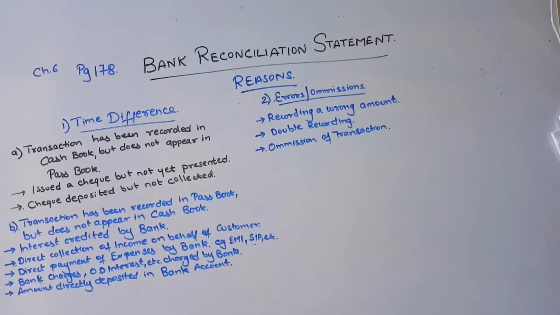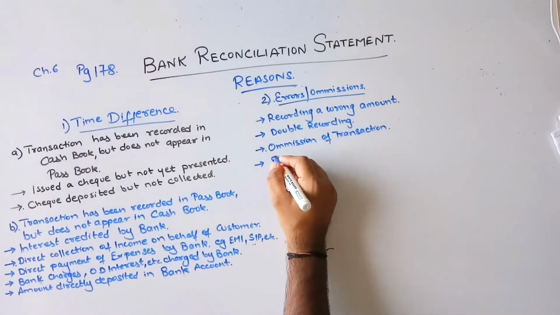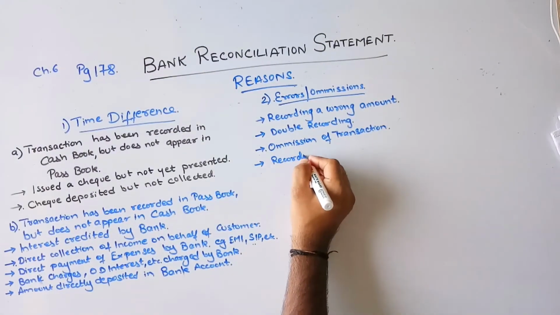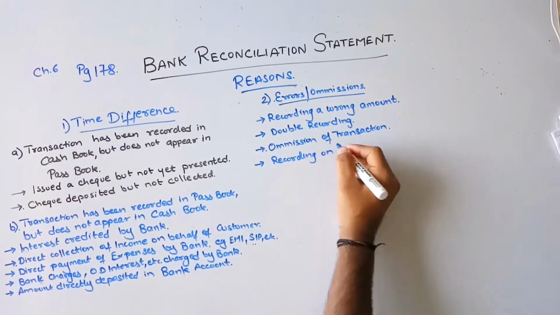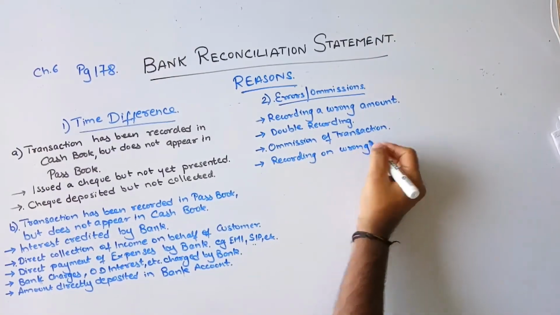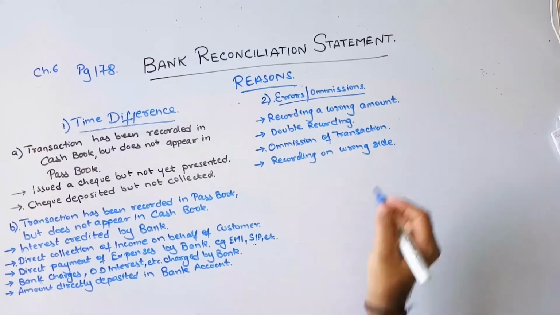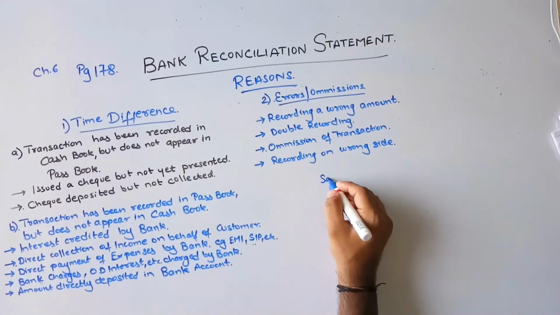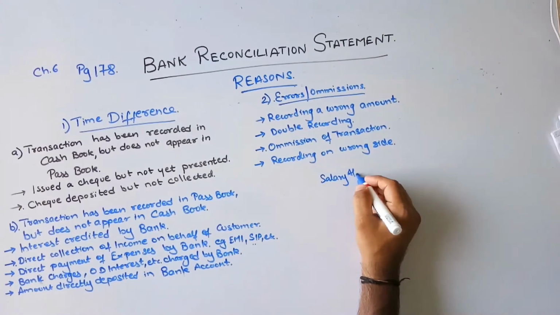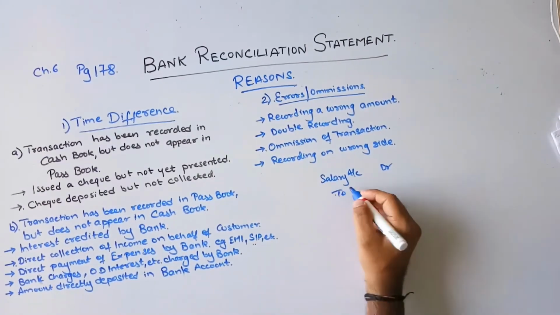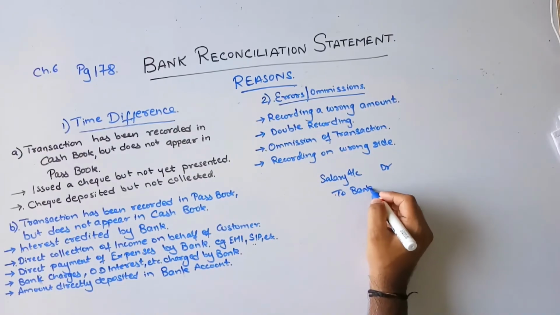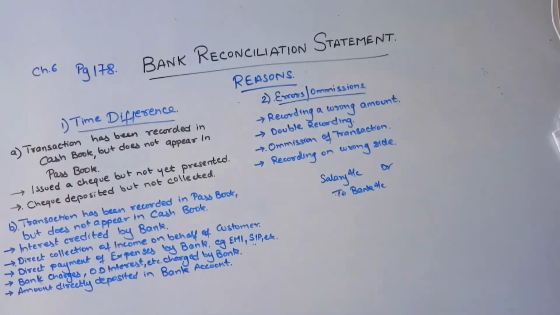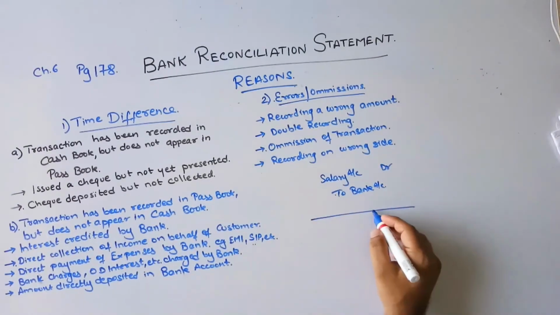And then you have recording on the wrong side. What does this mean? Let's say you have made a payment of salary. What is the entry for payment of salary? Salary account debit to bank account. What should we do when we are preparing our ledger?